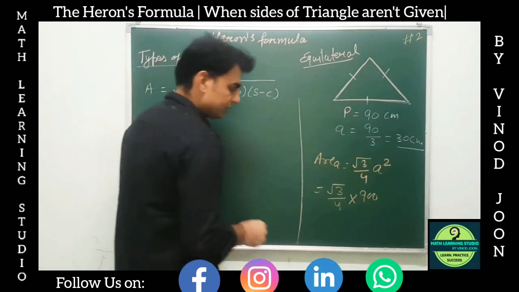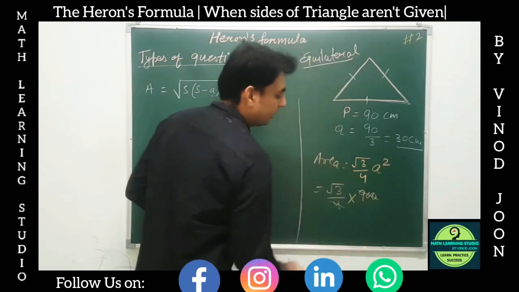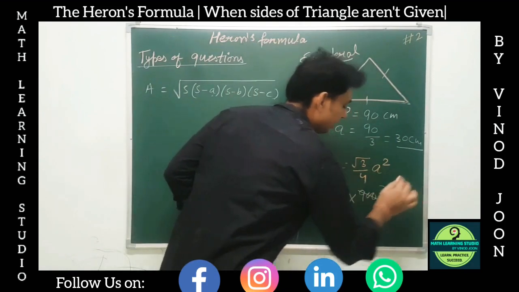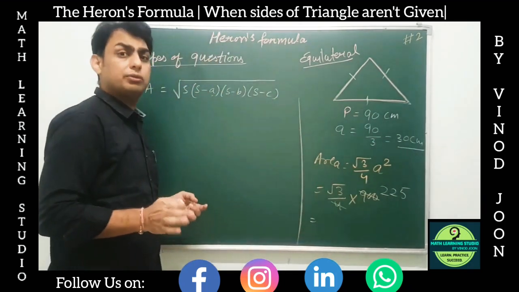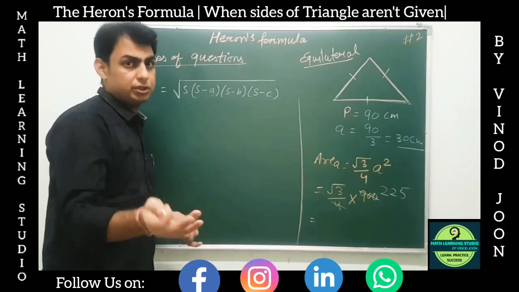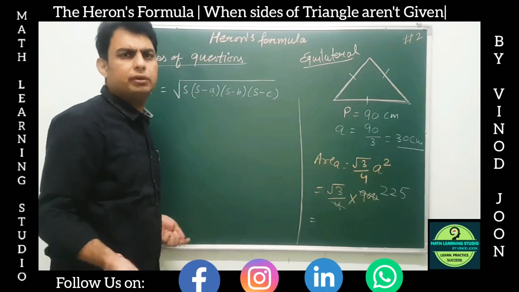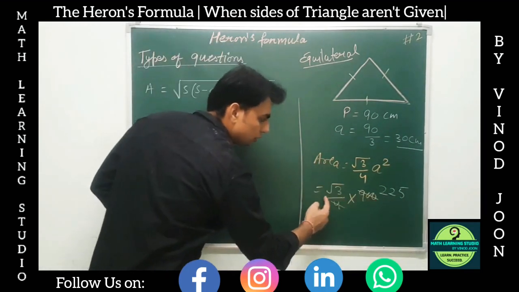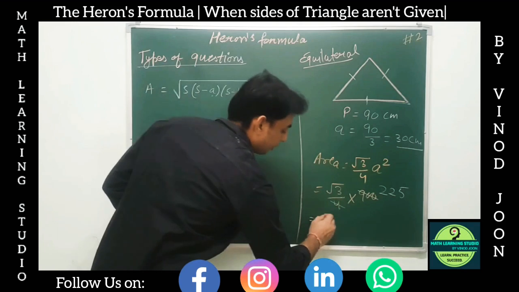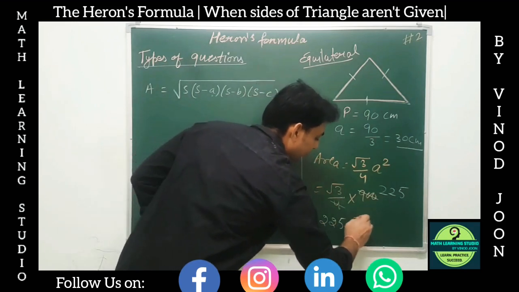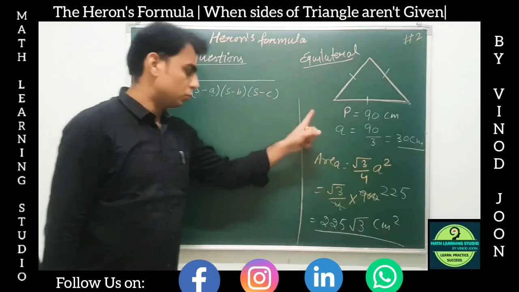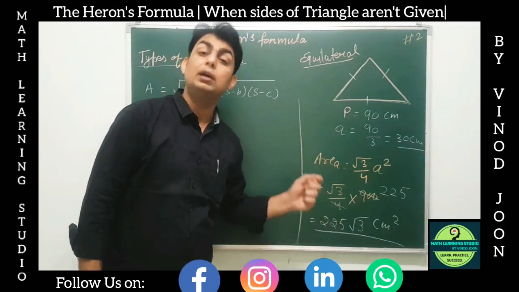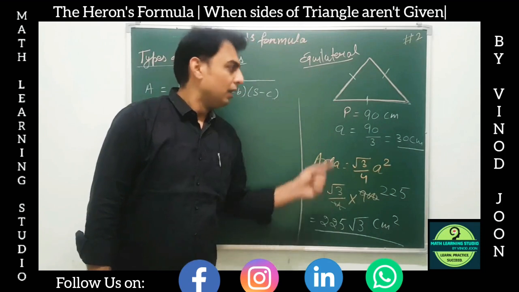Now we can cancel it out, and what we get is 225, divided by 4 we get 225. And this root 3, we do not know the value of root 3. If it is given in the question we can apply it; if not, leave it like that. So this is root 3 multiplied by 225, that becomes 225 root 3 centimeter squares. This is one way. Direct formula apply कर दिया, equilateral triangle.